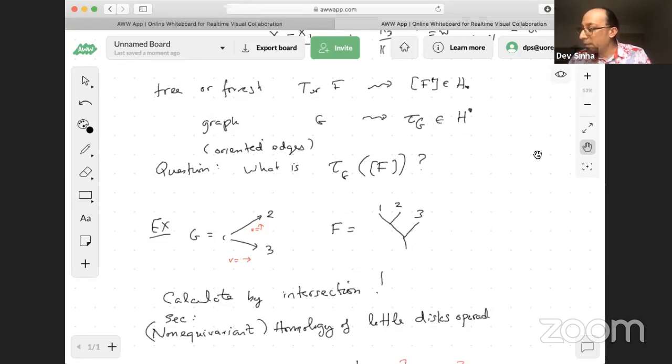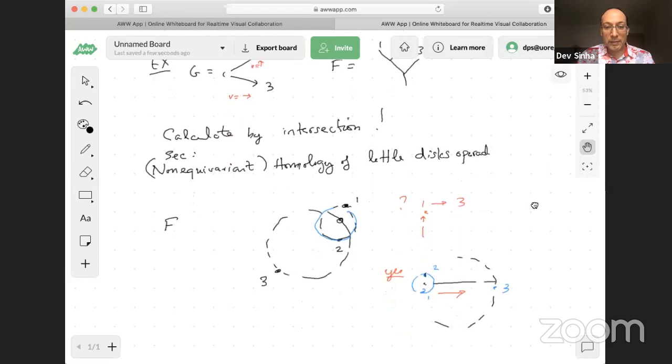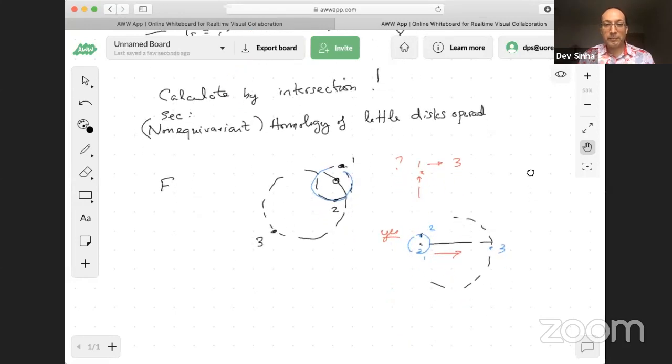So the center of mass is offset a little bit so that this is antipodal to that, and then 1 is to the right of 3. So the intersection becomes just seeing whether any point in this family satisfies those conditions. It's just the intersection of two submanifolds.